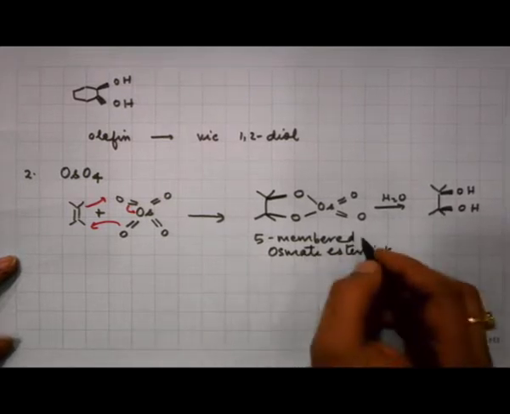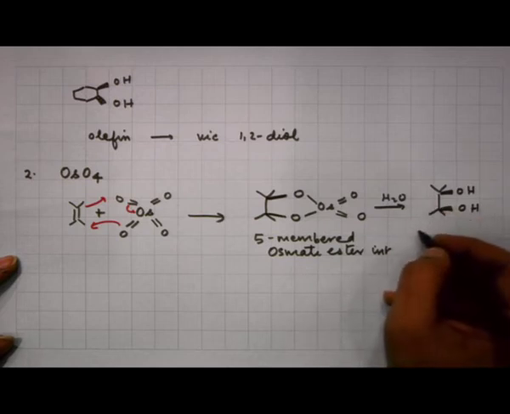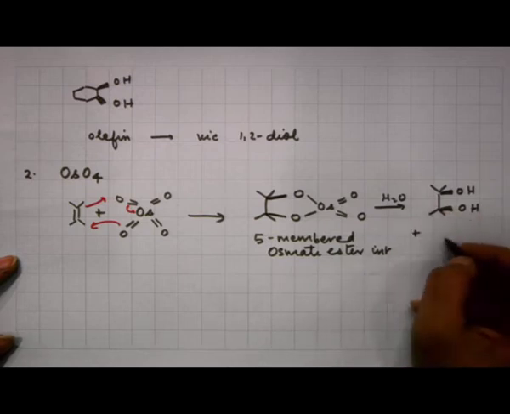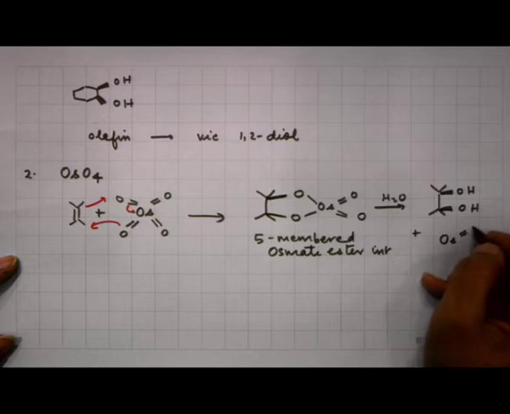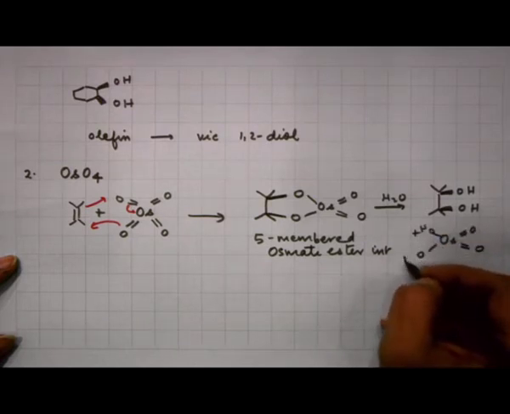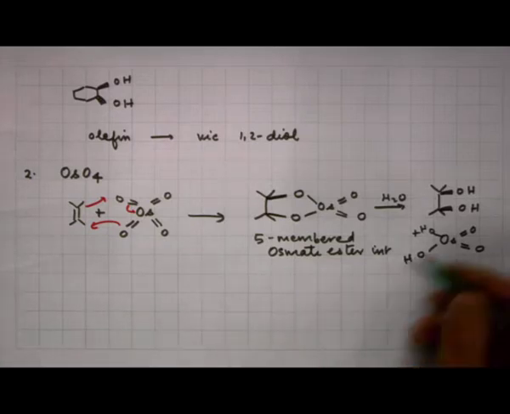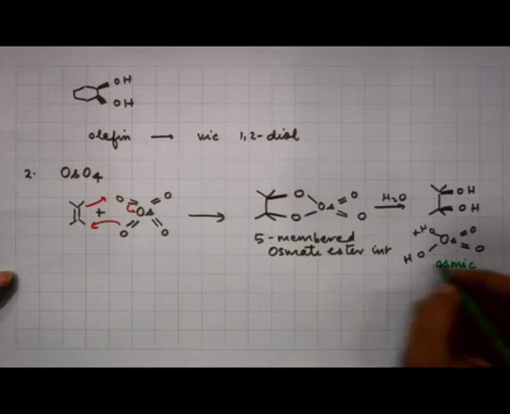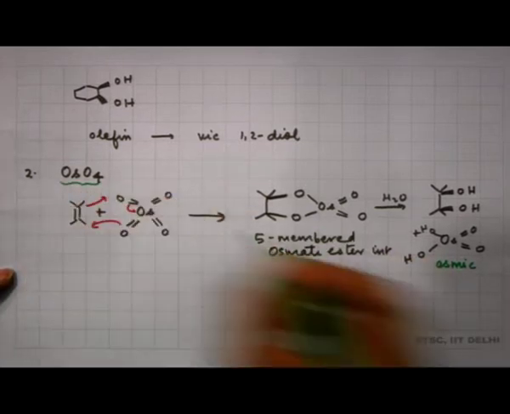So, in this case generally what we do is that along with this diol, your osmium is recovered in the form of osmic acid. So, you get this osmic acid, which is the reduced form of your OsO4 which we started with.